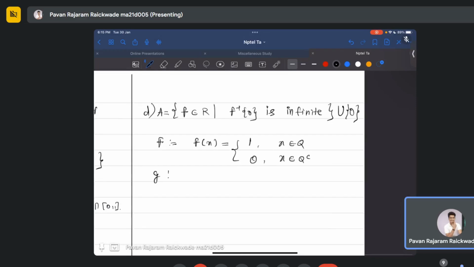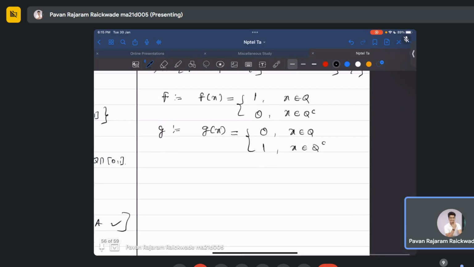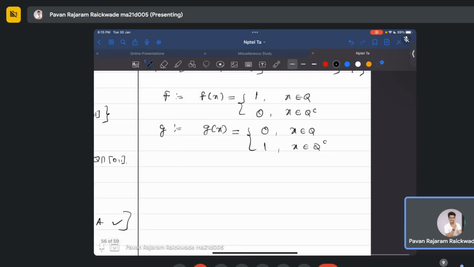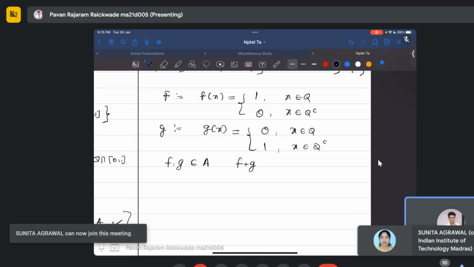I'll define g of x as 0 when x is rational and 1 when x is irrational. This kind of function will occur very naturally everywhere in real analysis. So my f and g both are in A because the zero sets are infinite. What happens to f plus g?